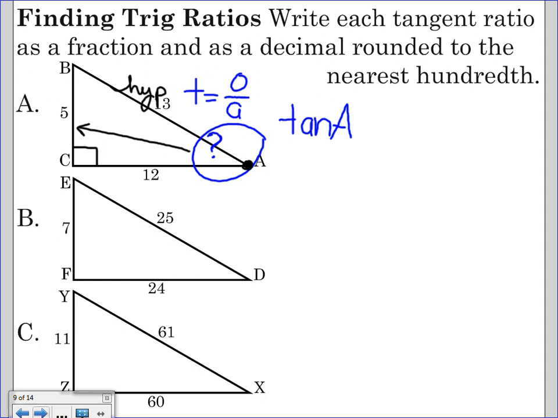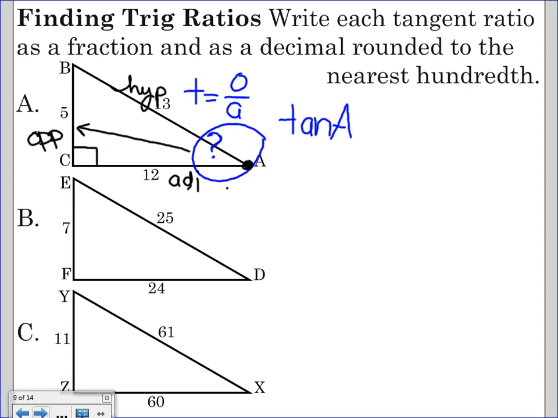Where the angle meets the vertex, this side, BC, has nothing to do with angle A. So this is the opposite side, which leaves adjacent, which is this part here. And what adjacent means, we talked about a little bit in the last lesson. Adjacent means the leg of the triangle that touches the vertex. So this angle is a part of this leg right here. So that's the adjacent side.